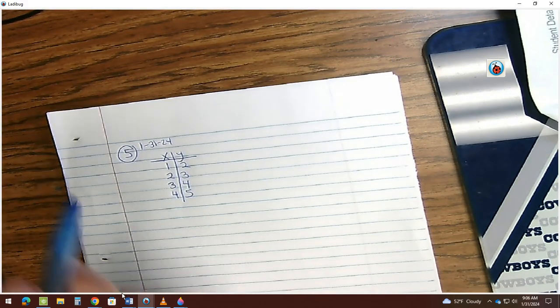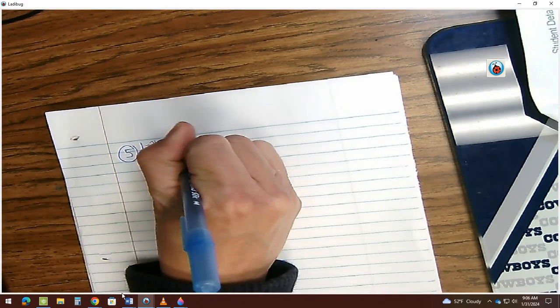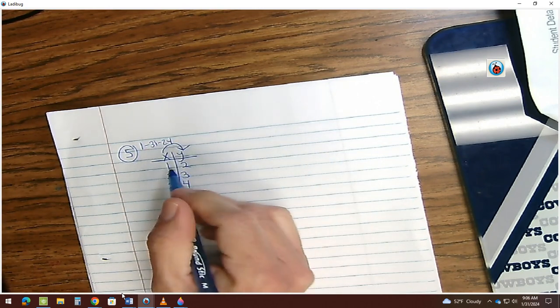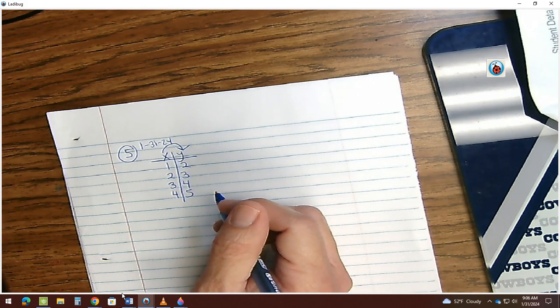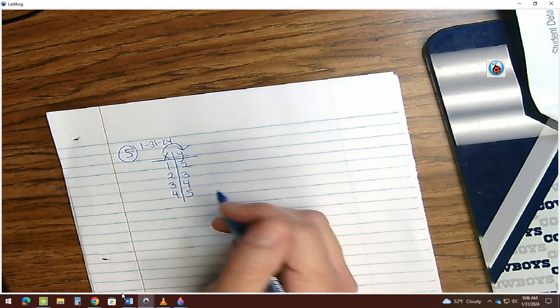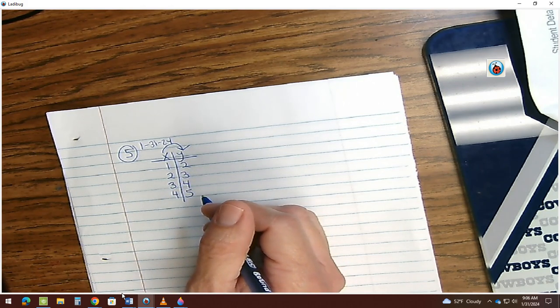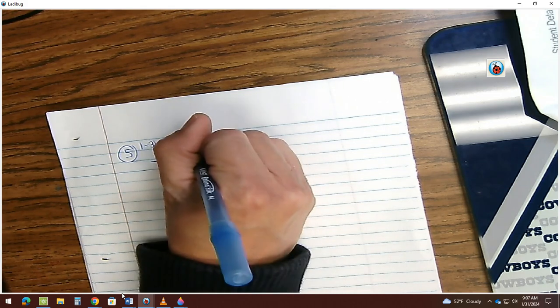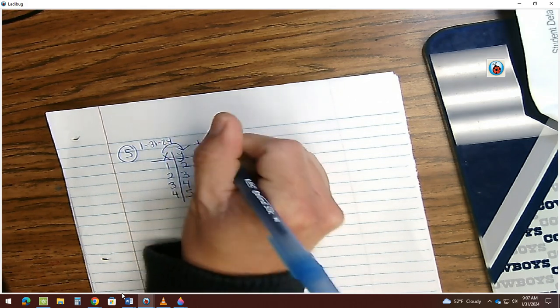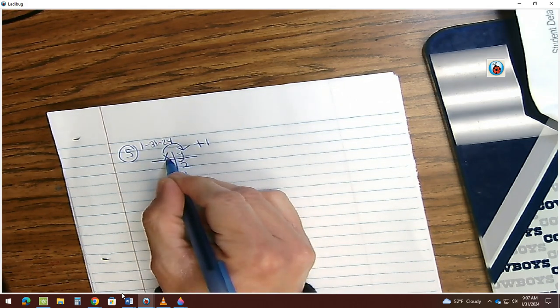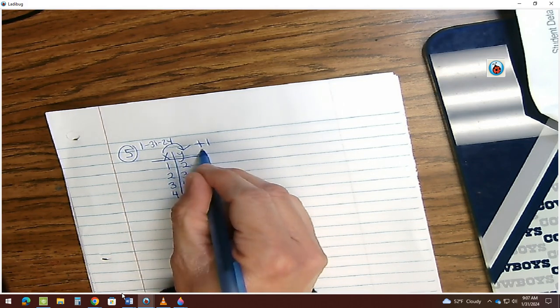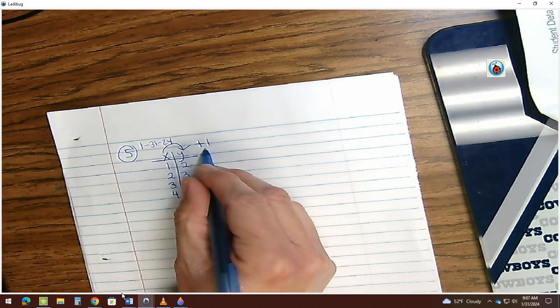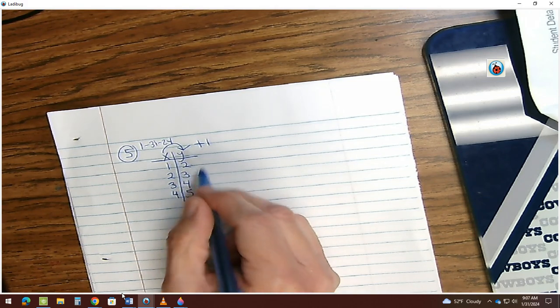Once you have your table, we're going to do our rule from x to y. How does a 1 become a 2? Good job, plus 1. So the rule is 1 plus 1, 2. 2 plus 1, 3. 3 plus 1, 4. 4 plus 1, 5.